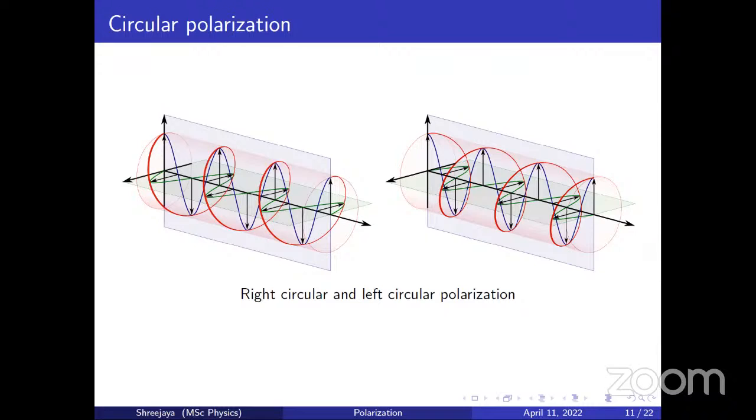If you stand behind the screen and observe the wave from the point of view of the source that is behind this, then right handed for us will be left handed circular polarization to you if you check from the other side, and similarly this. So it all depends on the point of view, but conventionally it is always from the point of view of the observer, which is this notation: right circular and left circular.